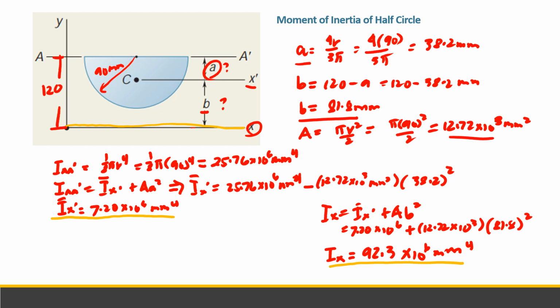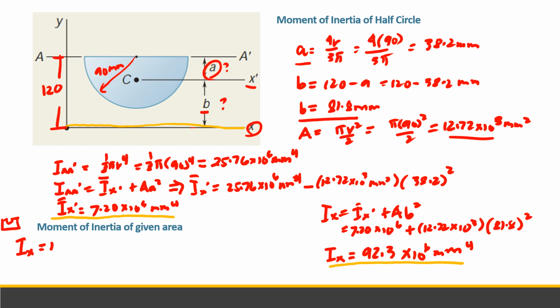So now we have solved for the moment of inertia with respect to x for both areas. So we now solve for the moment of inertia for the total area. So the moment of inertia for this area is equal to, we will subtract the moment of inertia of the half circle from that of the rectangle.